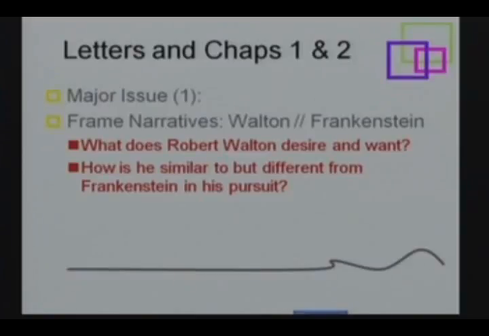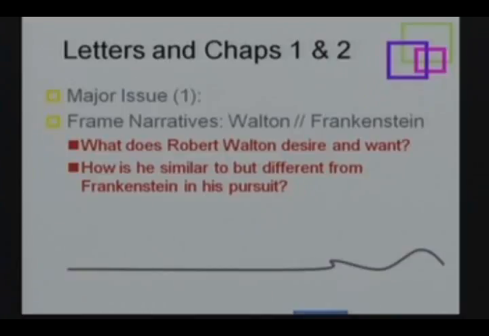Definitely, if we talk about this novel as a ghost story or a gothic novel, then Walton serves a function of normality, to prepare us for what is terrible, what is unusual. This is like the frame of Ozymandias.